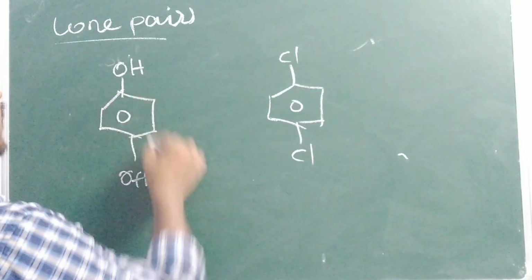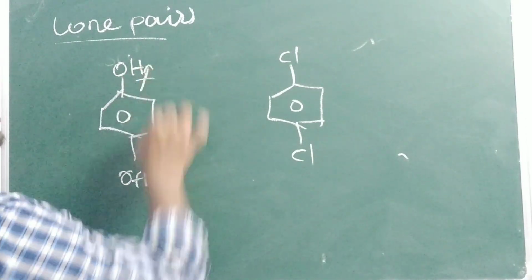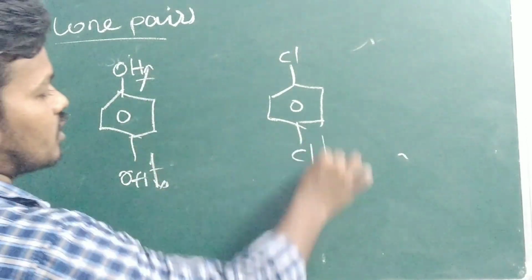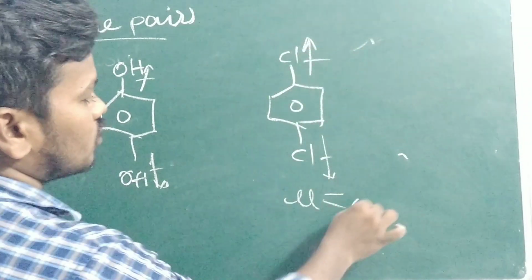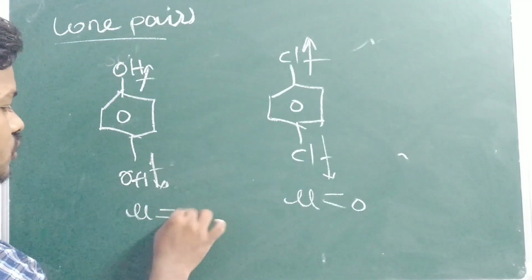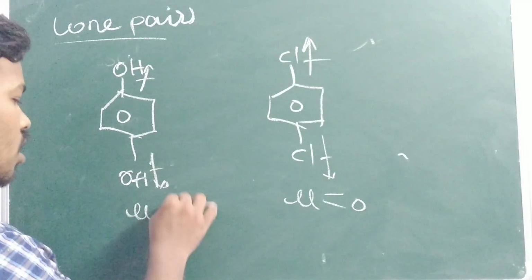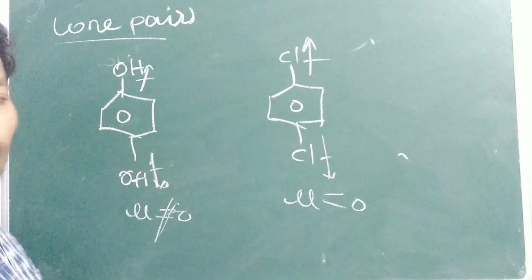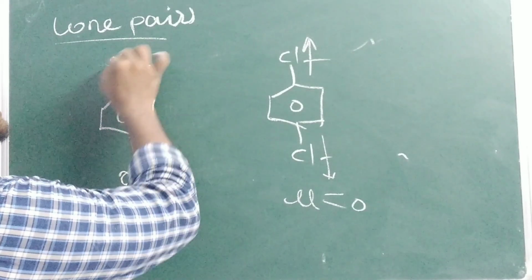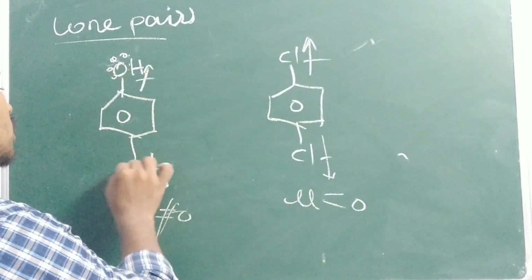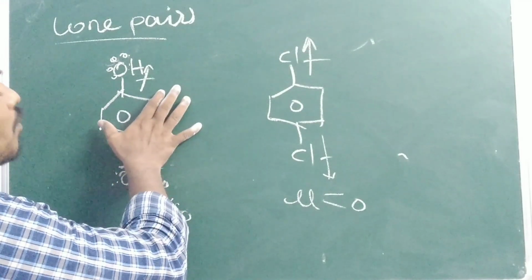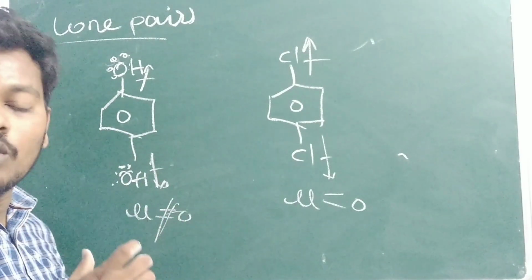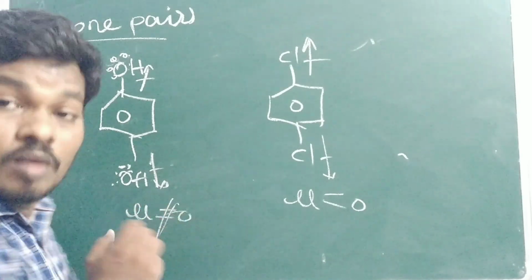We know that similar groups are in opposite directions, and since dipole moment is a vector quantity, they cancel each other. So the dipole moment mu is equal to 0 here, and here also mu is equal to 0, we can say. But that is wrong; it is mu not equal to 0. Why? Because lone pairs are present on the oxygen, and due to the lone pair charge, the molecule will have a dipole moment.